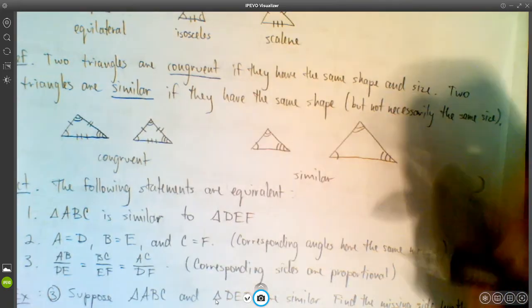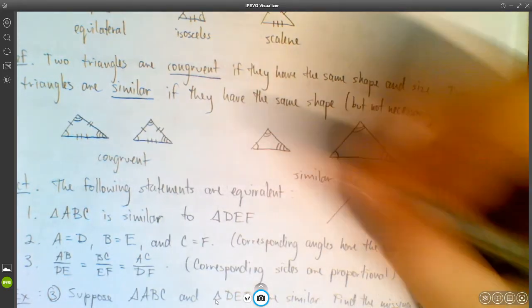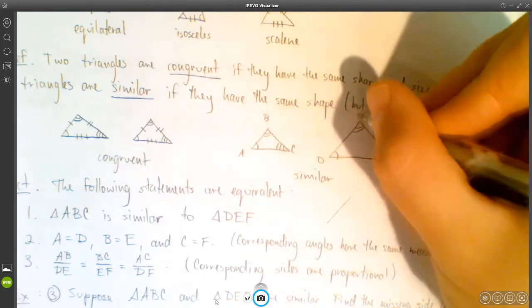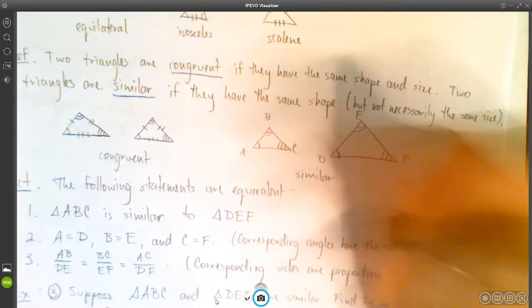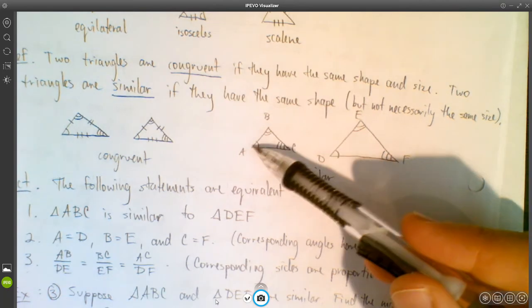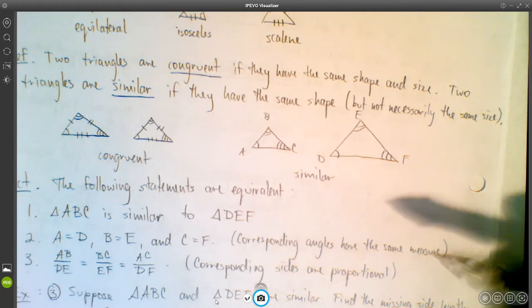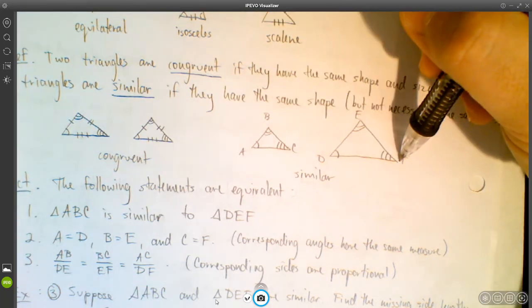So maybe a picture's worth 1,000 words, right? So if I've got some triangles, actually I could just use this one, A, B, C, D, E, F. We're saying that if I divide this length by this length, I'm going to get the same ratio as I would get if I divided this length by this length.